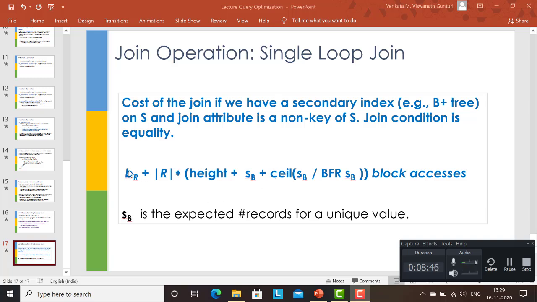It allocates the main memory buffers in a way that you get less number of cache misses, or less number of page faults. Because you remember from your operating system that the more the number of page faults, the slower is your performance.